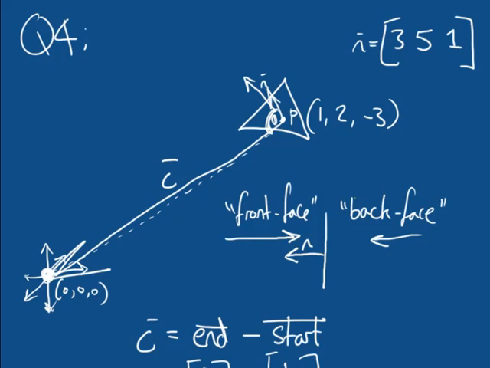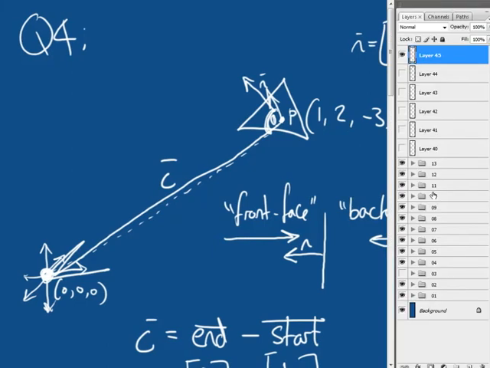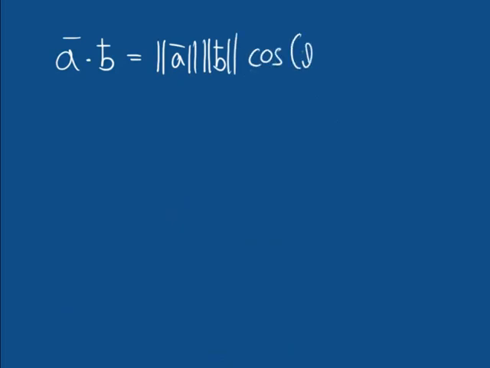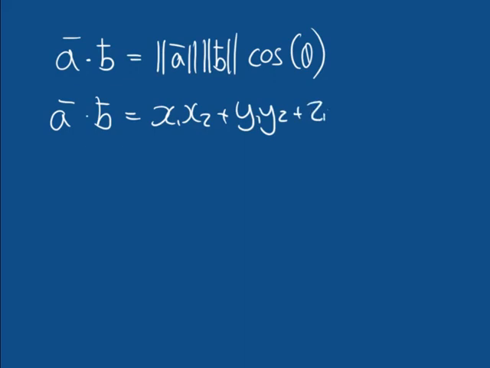So to recap everything that we've seen in this video, I'm going to bring up one last layer for this video. We know that the dot product of two vectors can be defined in two different ways. We have A dot B is equal to the magnitude of A times the magnitude of B times the cosine of the angle between A and B, and we have that A dot B is equal to x1 x2 plus y1 y2 plus z1 z2.